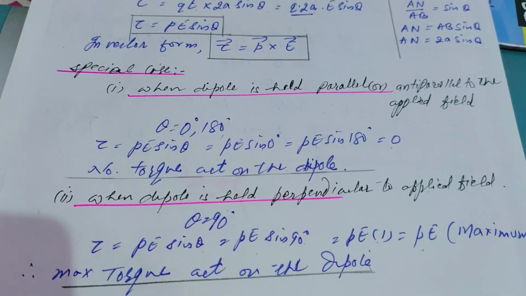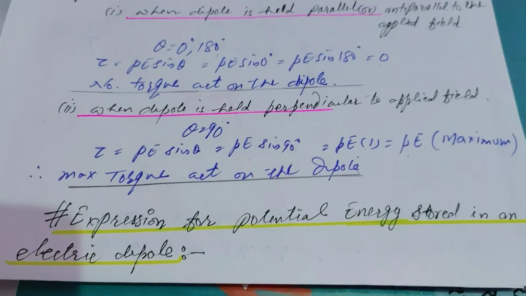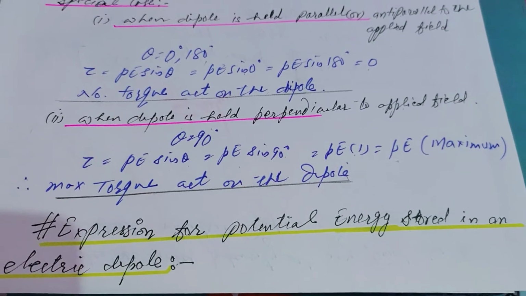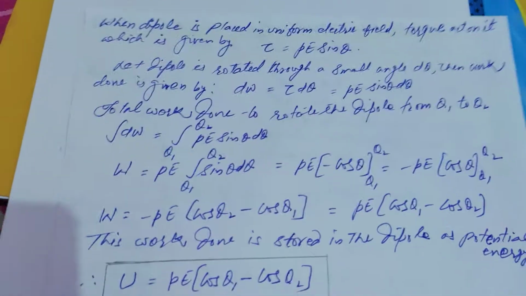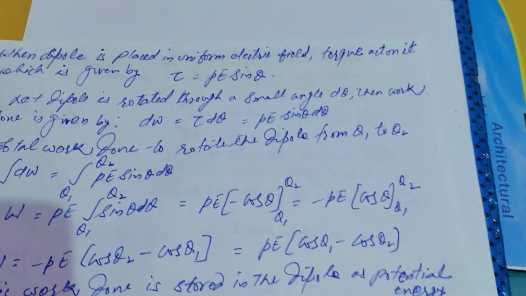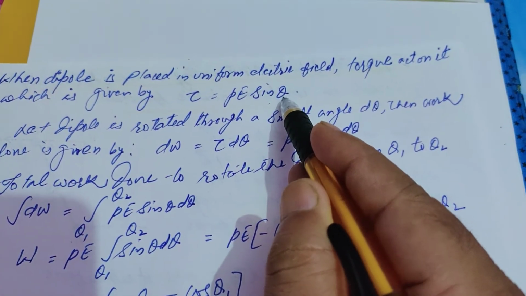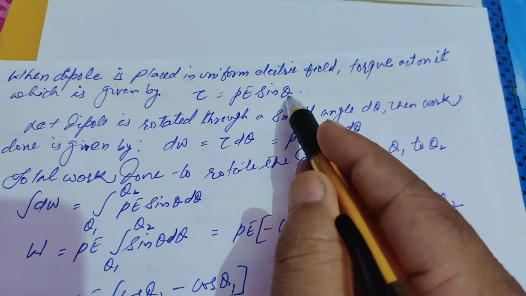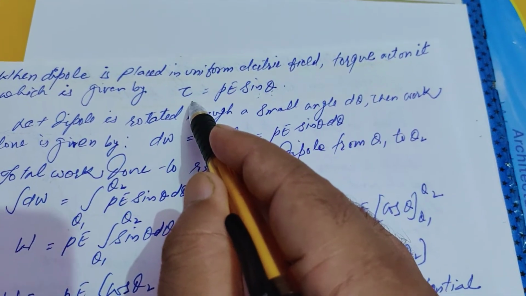Again, on the basis of this article, you can also derive an expression for potential energy stored in an electric dipole. As we know, when an electric dipole is placed in uniform electric field, torque acts on it, which is given by tau equal to pE sine theta. This expression we have derived. Now what is the function of torque?